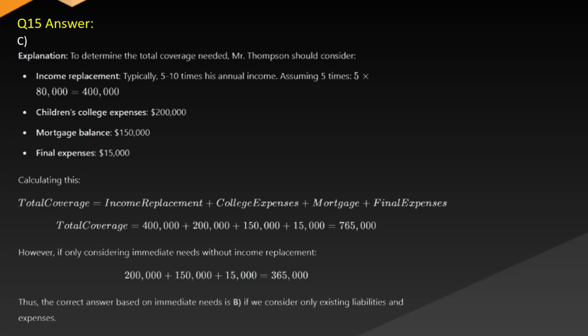Calculating this, total coverage equals income replacement plus college expenses plus mortgage plus final expenses. Total coverage equals 400,000 plus 200,000 plus 150,000 plus 15,000. This equals 765,000. However, if only considering immediate needs without income replacement, 200,000 plus 150,000 plus 15,000 equals 365,000. Thus, the correct answer based on immediate needs is B if we consider only existing liabilities and expenses.